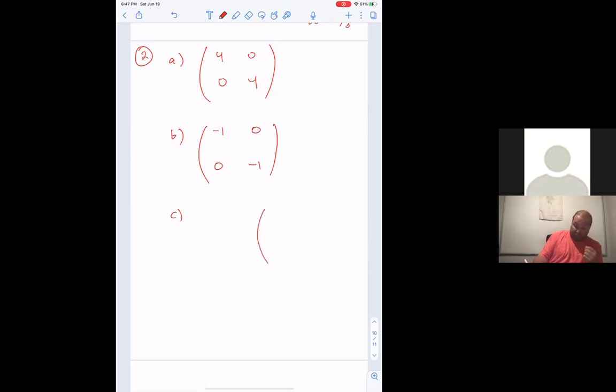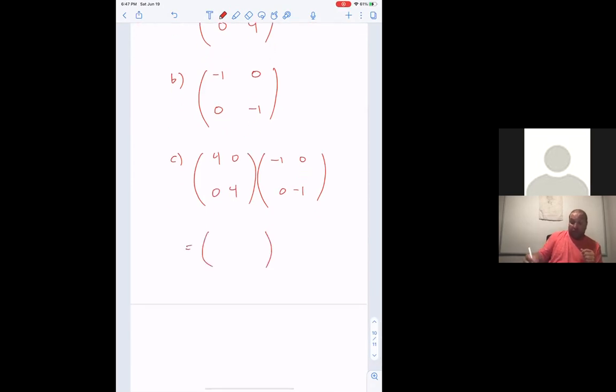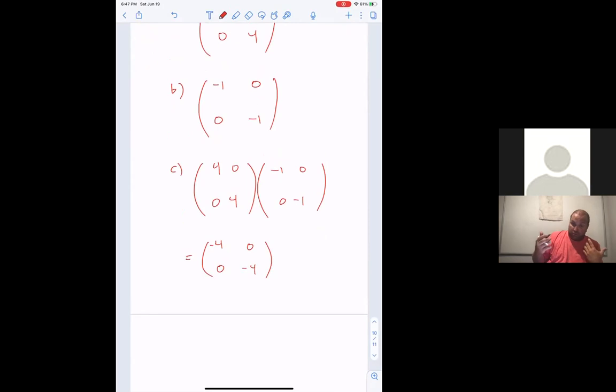If I first rotate by 180 degrees, -1, 0, 0, -1, and then enlarge by a scale factor, notice the one I did first is on the right, I get -4, 0, 0, -4, which is of the form of an enlargement with a -4 scale factor.